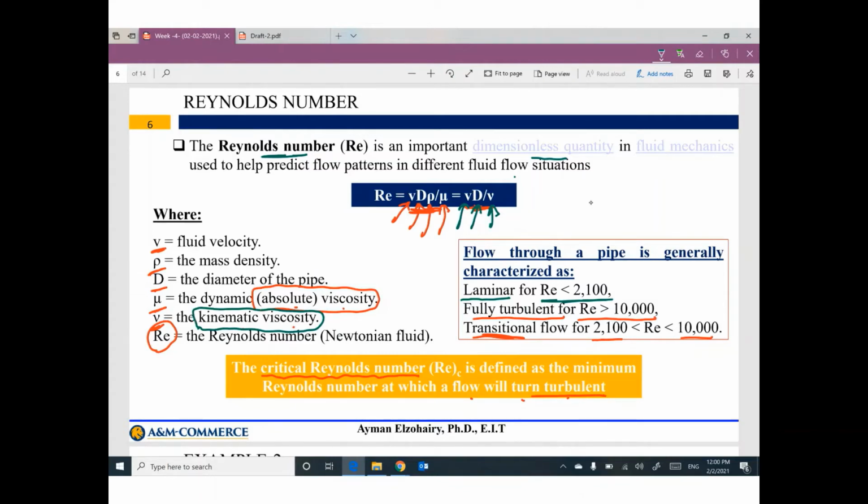By using these parameters, I can figure out the Reynolds number. Once you get the Reynolds number, I can tell you the type of flow. This topic is one problem in your FE exam. Sometimes the FE exam is asking for Reynolds number, okay?